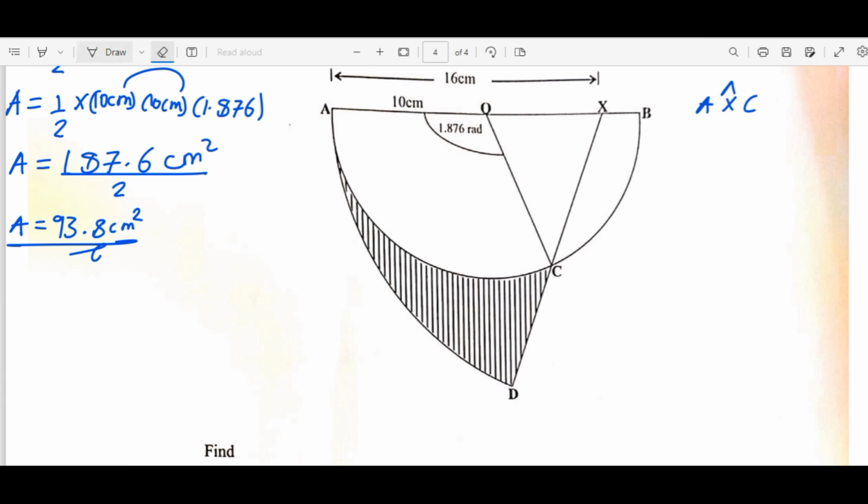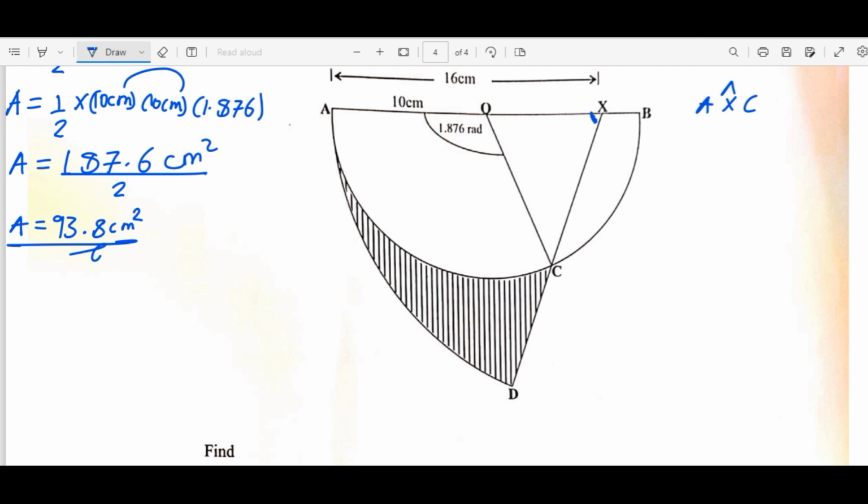So how can we find this angle? To find this angle, first I'm going to look at how we can come up with the angle XOC. Then with that, we are going to bring in trigonometry, where we can use the cosine rule or sine rule to find the distance XC.